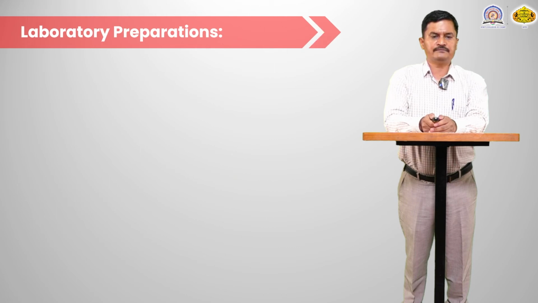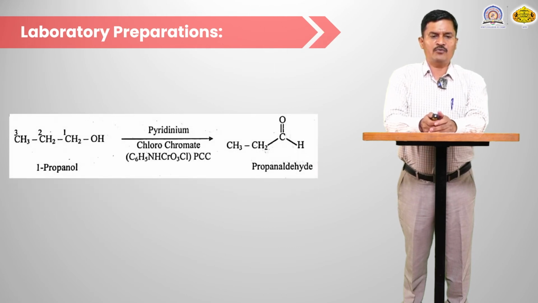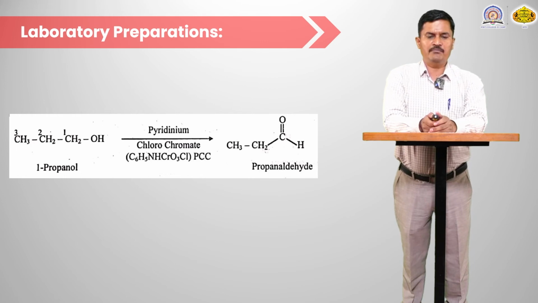So PCC is a specific reagent: the reaction stops at the aldehyde stage. For example, 1-propanol on reaction with pyridinium chlorochromate converts into propanaldehyde, and the reaction stops there; it does not further convert into propanoic acid.